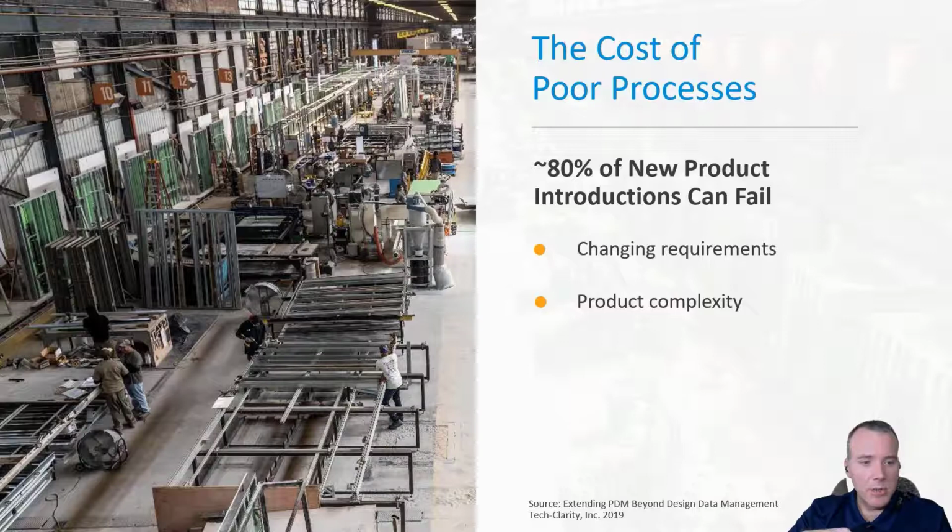And so with the right processes and the right software to help, you can manage that complexity, and thereby reduce the risk. And so again, it's important to have good processes, because you can take what could be a very successful, very profitable product and realize it, even though it is complex.